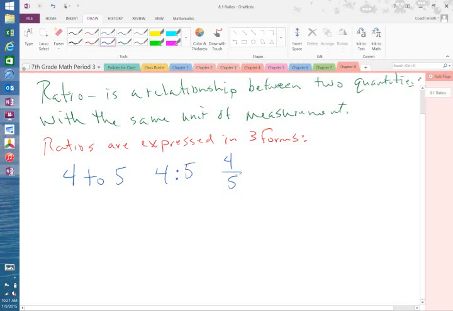For our purposes, I want you to always express it as a fraction unless they tell you differently in the directions.